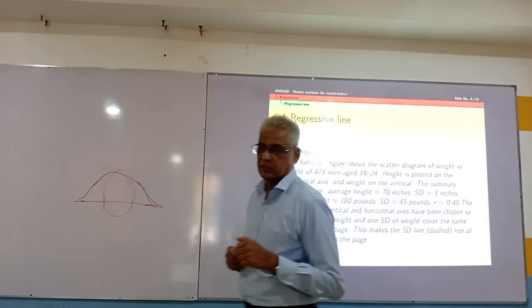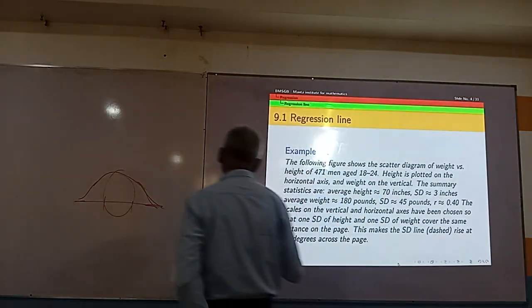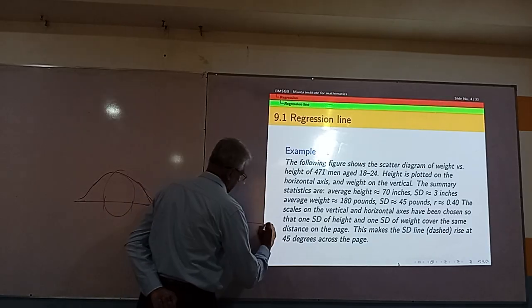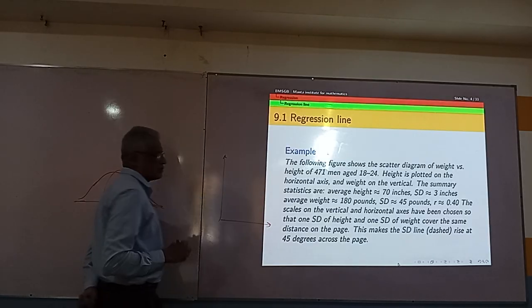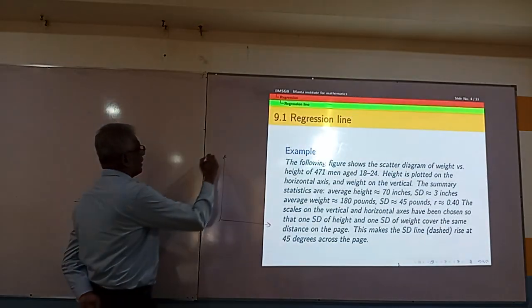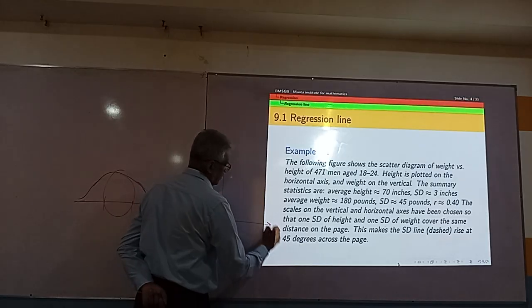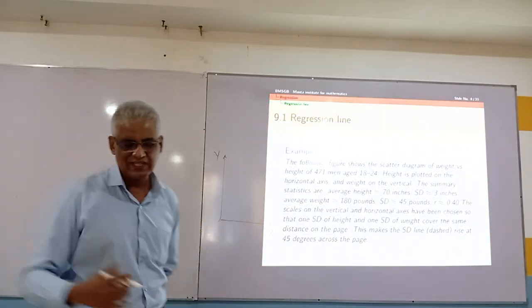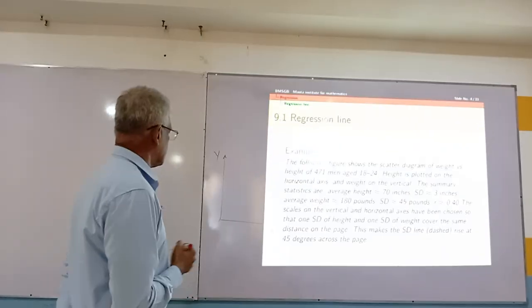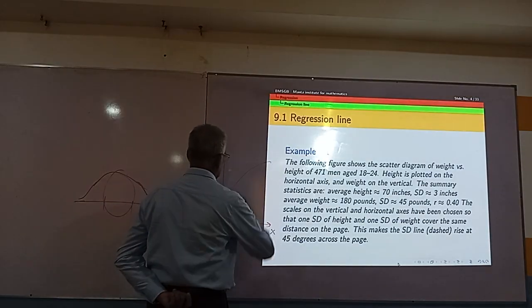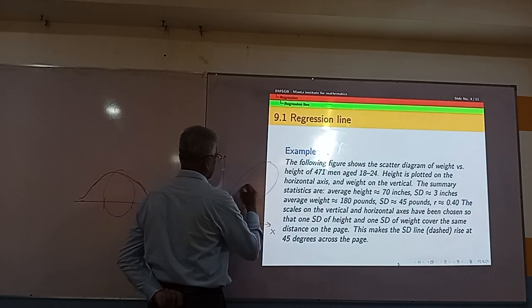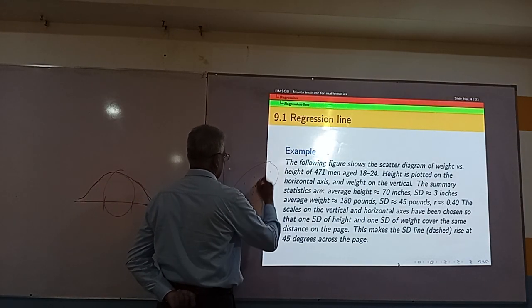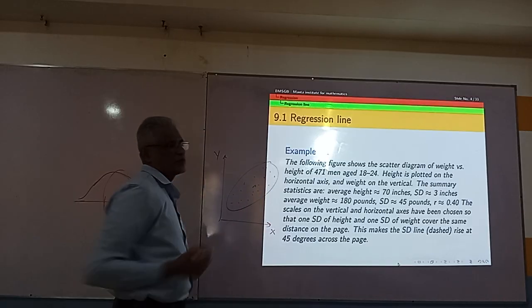Now, already we know when you have a scatter diagram. Now we are going to restrict our discussion to one y variable and only one x variable. So we are going to talk about a simple linear regression situation. So we are going to assume that our data are in a certain type of football shape, kind of an ellipse.